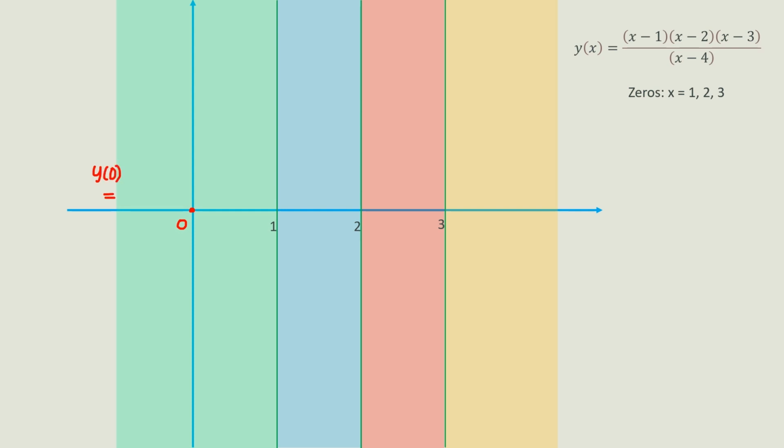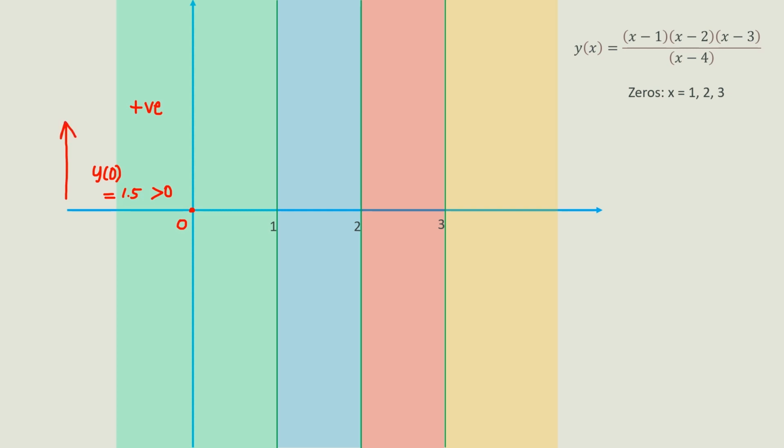That would give me 6 by 4, that is 3 by 2, which is 1.5. So this is positive. That means the value of the function to the left of 1 is always positive, so it should be above the x-axis.